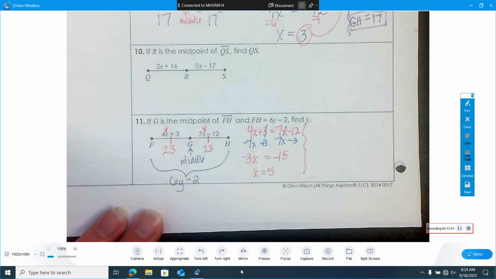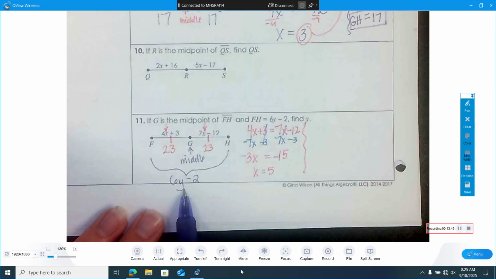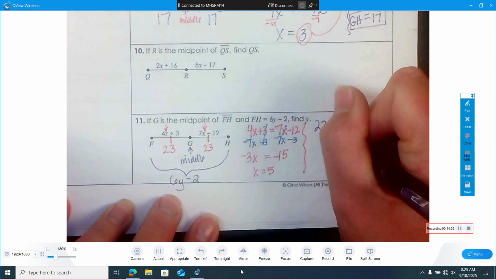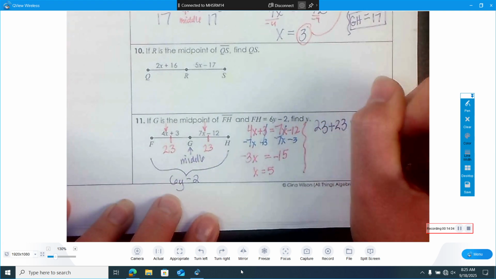Okay, good. So now our job here is to figure out y. So how are we going to write an equation to figure out what the value of y is? 6y minus 2 equals 46. Yeah, how did you come up with 46? Because 23 doubles is 46, and then the 6.